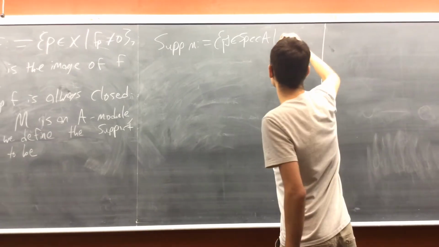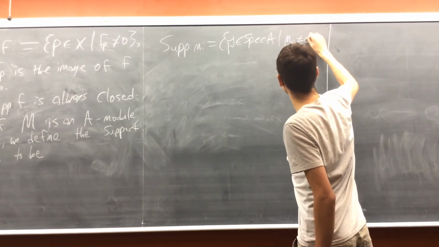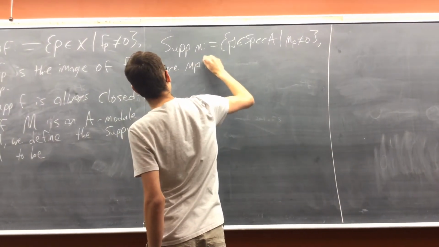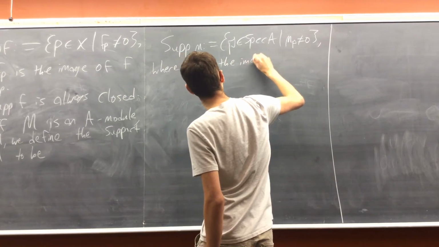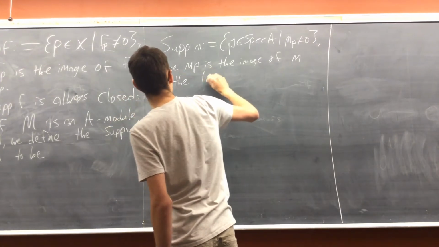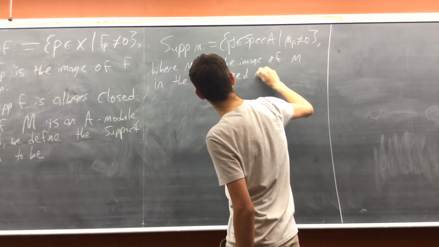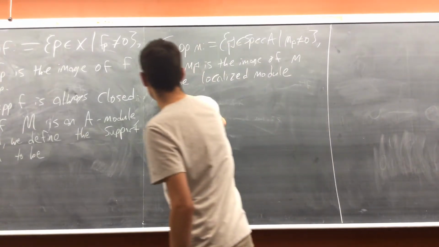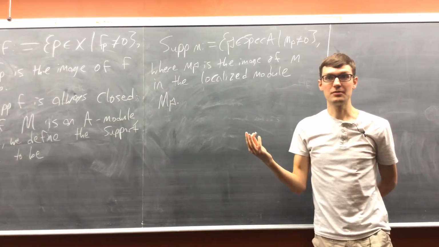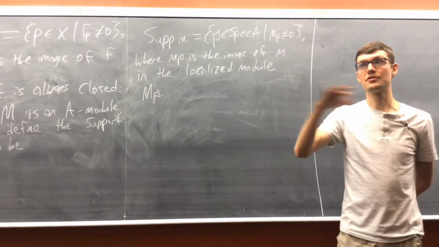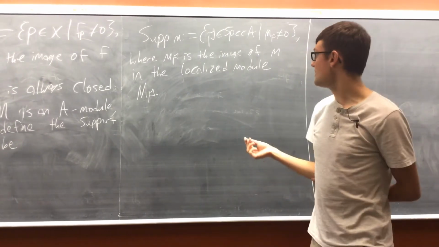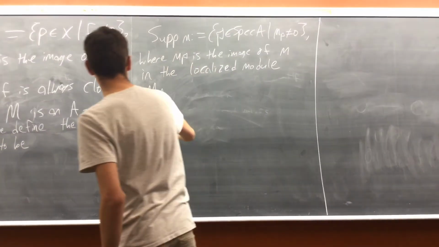We're going to ask that this thing that I call m_P should not be 0, where now m_P is the image of this element in the localized module. So we can localize a module at a prime ideal just like we can do with a ring. It's just all the numerators of your fractions are now elements of the module, but all the other definitions are the same. Okay, so it turns out this is also closed.